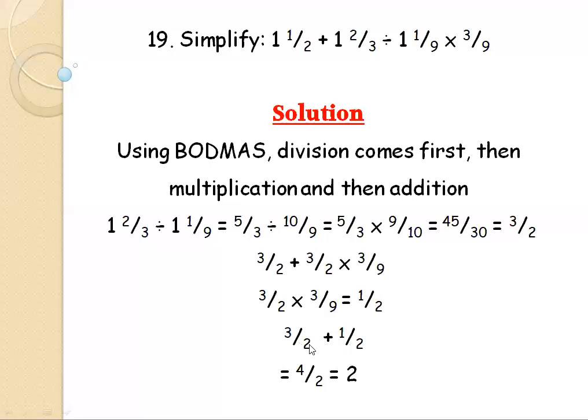The denominator will remain the same, but I will add the numerators. 3 plus 1 is 4, 4 over 2, and 4 divided by 2 is 2. So my answer is 2. Do you understand this? Good. Quite complex, but you just need to pick it one after the other to avoid mistakes. So my answer is 2.